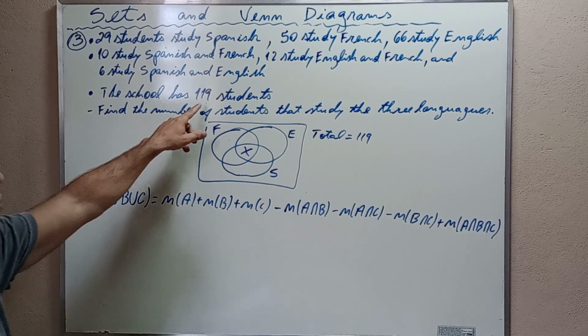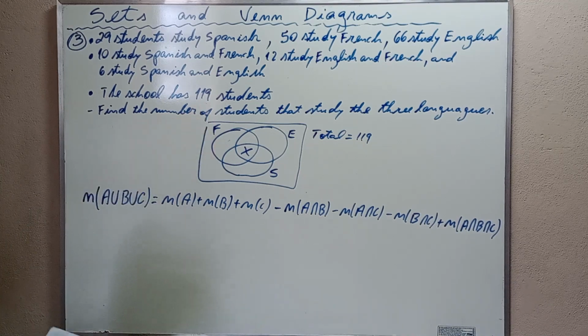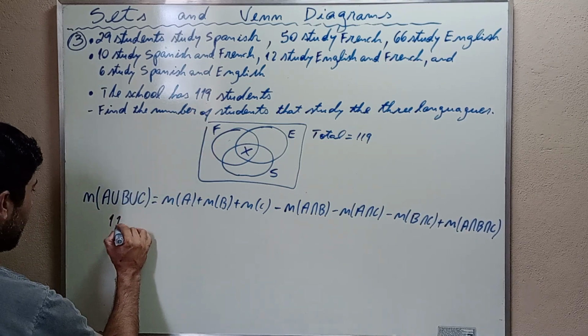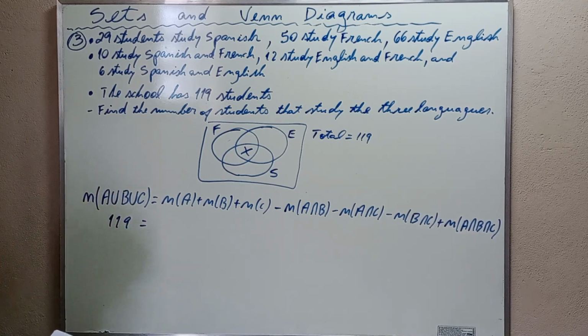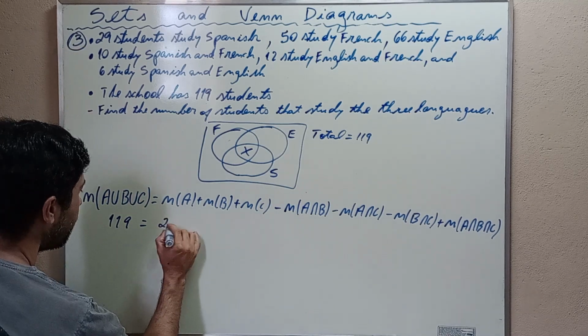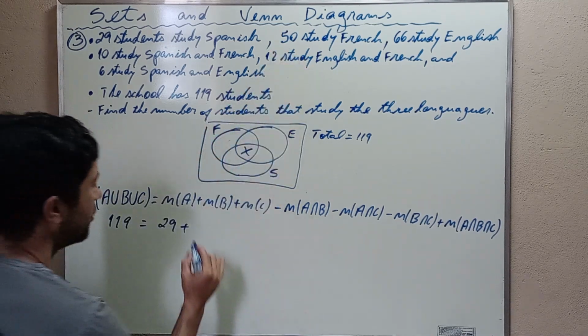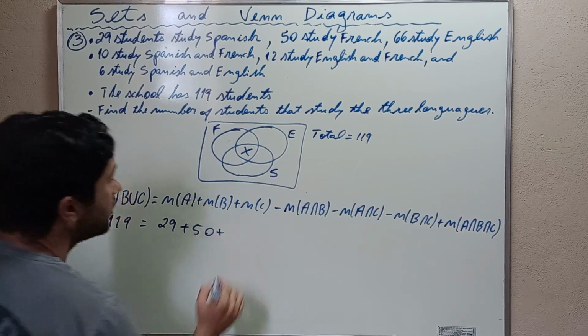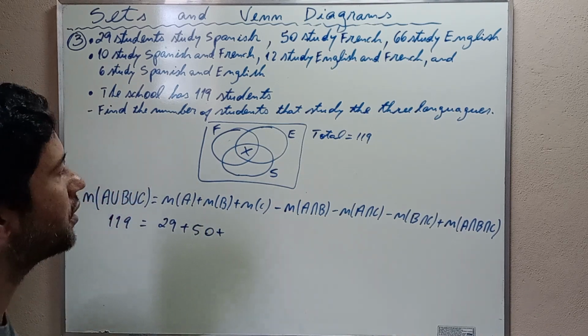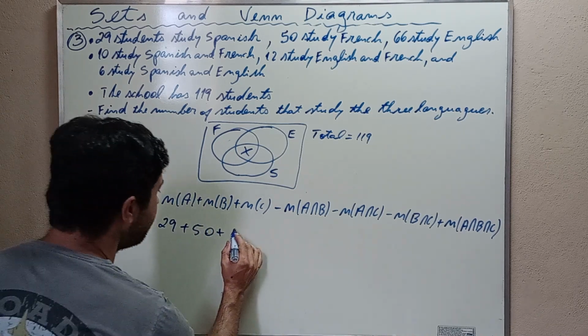Okay? What is the number of the union between them all? It is the number of students in that school. It is 119. And the number of students that study Spanish is 29. The number of students that study French is 50. The number of students that study English is 66.